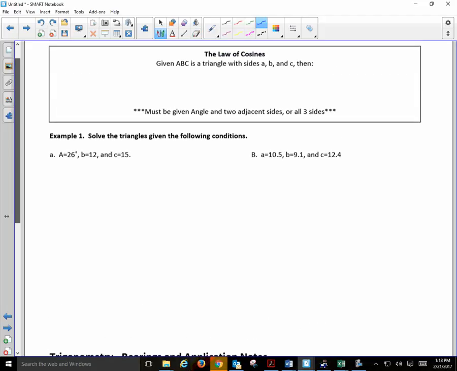First of all, A squared is equal to B squared plus C squared minus 2BC times the cosine of angle A. If you want to solve for B, then you could write B squared is, anybody want to guess what changes?